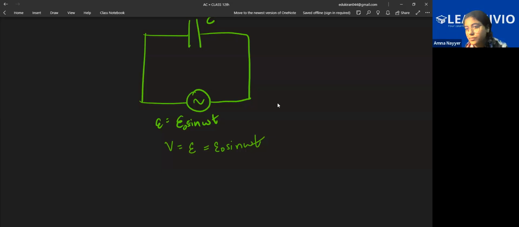In terms of potential and charge. Q is equal to C into V.